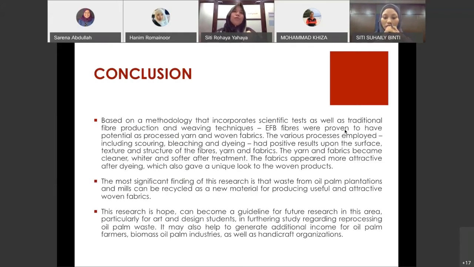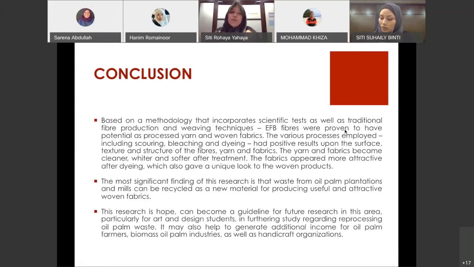You have to go to the lab, you have to go to factory mills, collect all the materials. But in the end, the result that you get is very positive, with a positive effect upon the surface texture and structures of the fibers, yarn and fabrics.